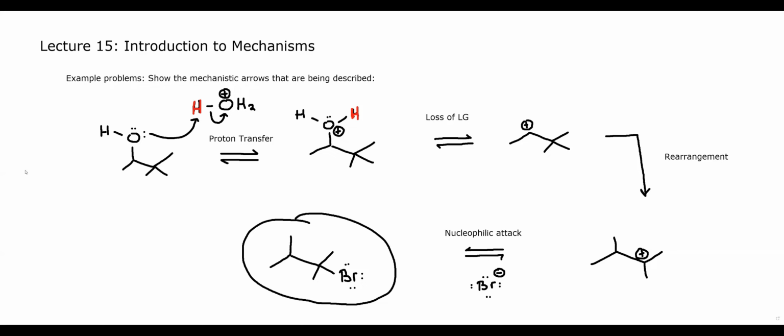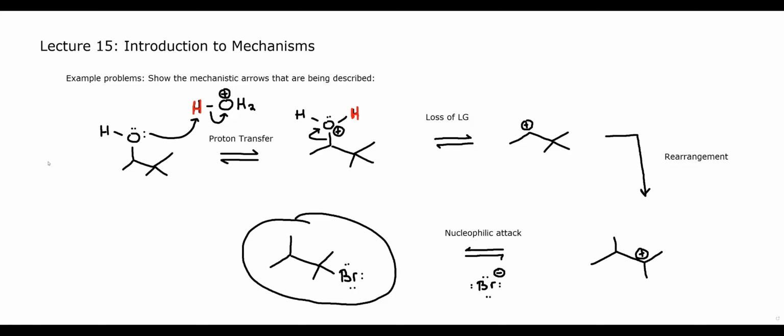Loss of a leaving group. Let's take a quick peek at our product from this reaction. It looks like the water molecule is leaving. The water molecule is acting as a leaving group, and it's departing from our molecule. Now remember, when we do this, we include the electrons with it. So we draw this arrow right here.